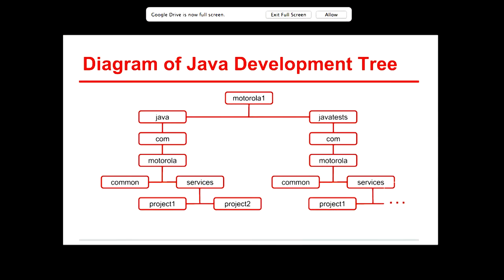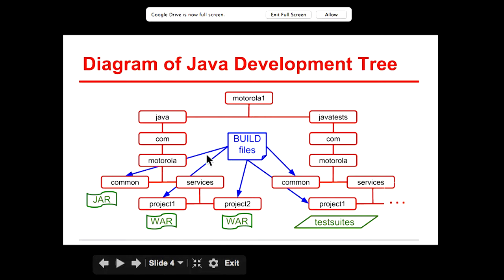So the overall structure is something like Motorola 1 on top, and then we have a Java directory and a Java test directory. They mirror each other. And as you can see, we just go right down, and all the build files are inside the tree.